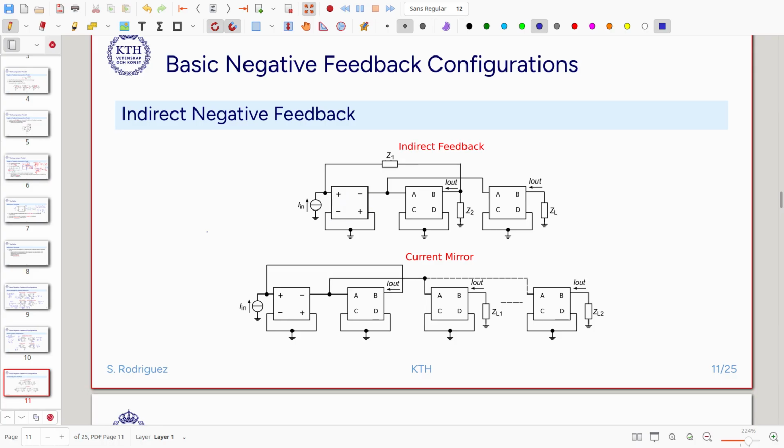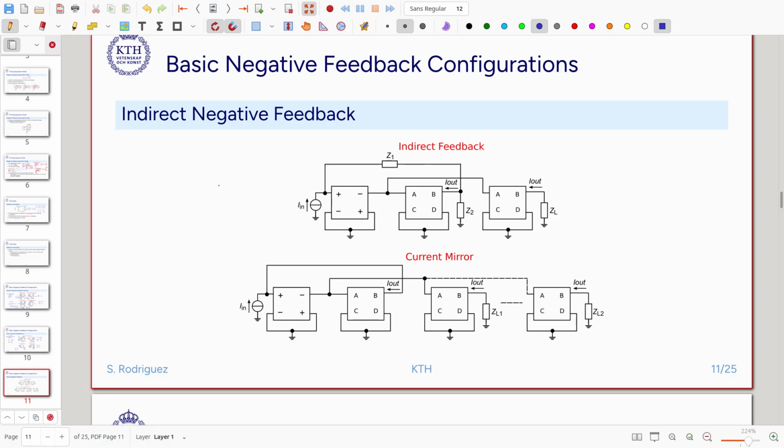We have also talked about that we are going to use active devices that provide amplification. These active devices can introduce errors, can be nonlinear, etc. So one way to linearize these devices is to use negative feedback.